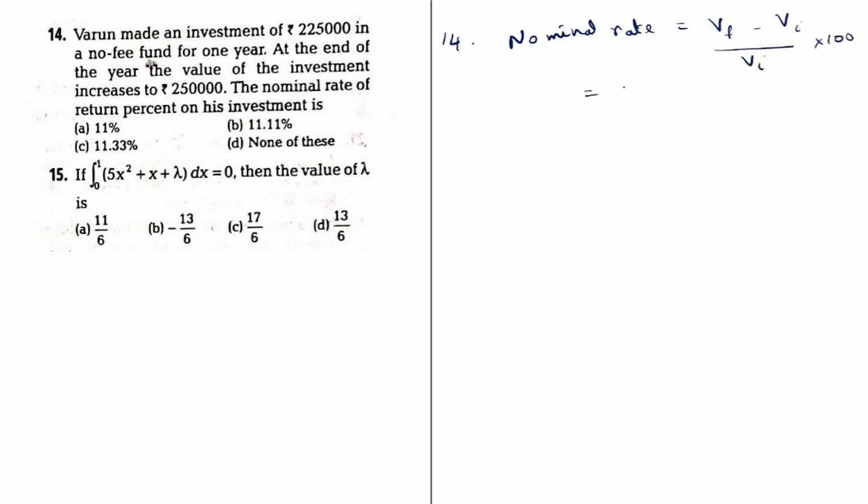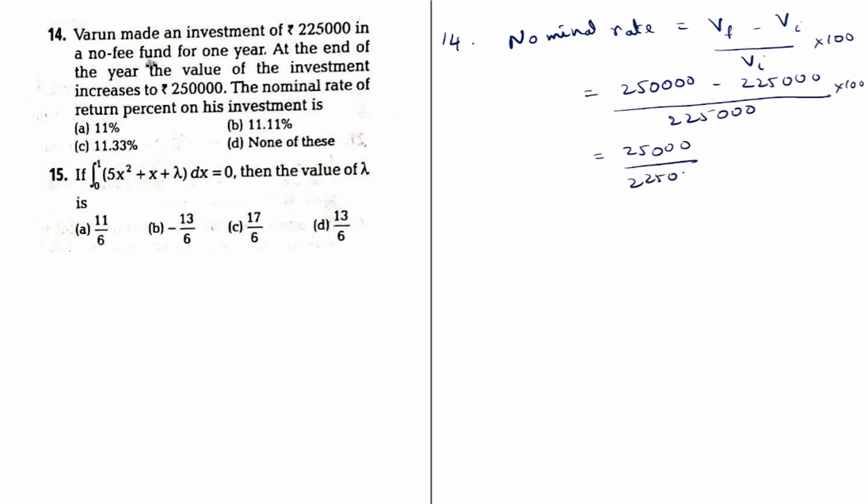So here final value is 2,50,000 minus initial value is 2,25,000 upon initial value 2,25,000 into 100. So this is 25,000 upon 2,25,000 into 100.